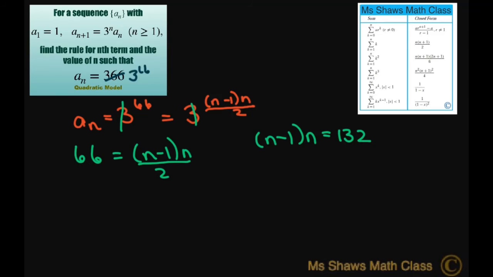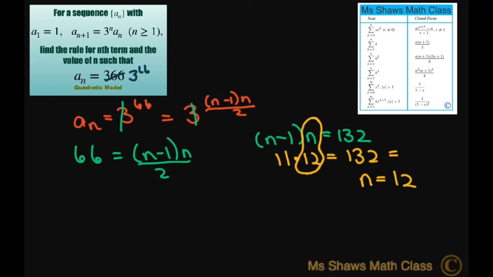Now you can do the quadratic thing and factor, or we can just note that 11 times 12 is 132, that's a little easier. And that's going to give me n. So it says find the value of n. So n equals 12.